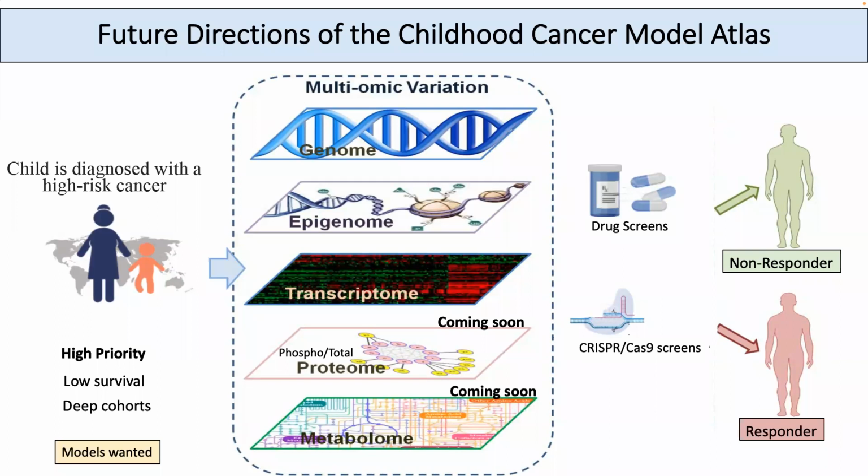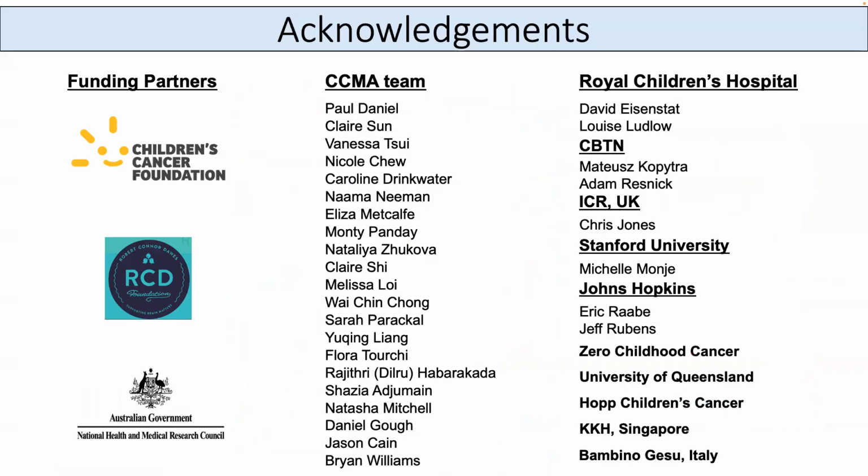We are expanding our repertoire of omics to metabolomics as well, and continue to expand our drug and CRISPR screen approaches to really be able to put together a large data set to predict which patients will respond to particular types of therapies in the future.